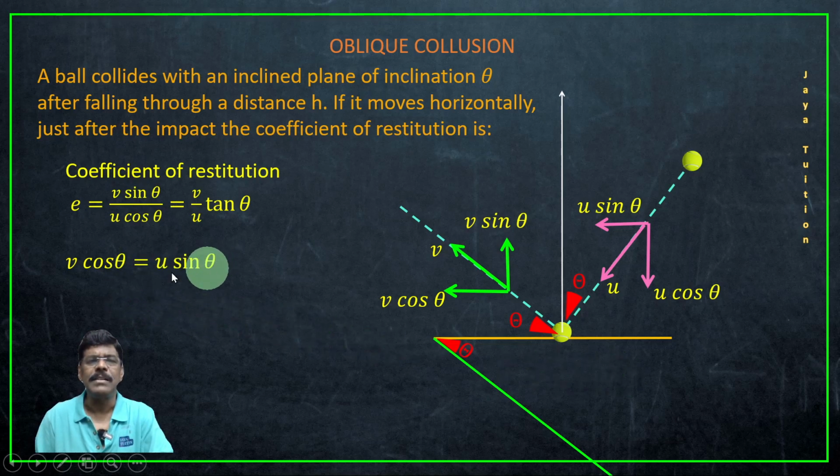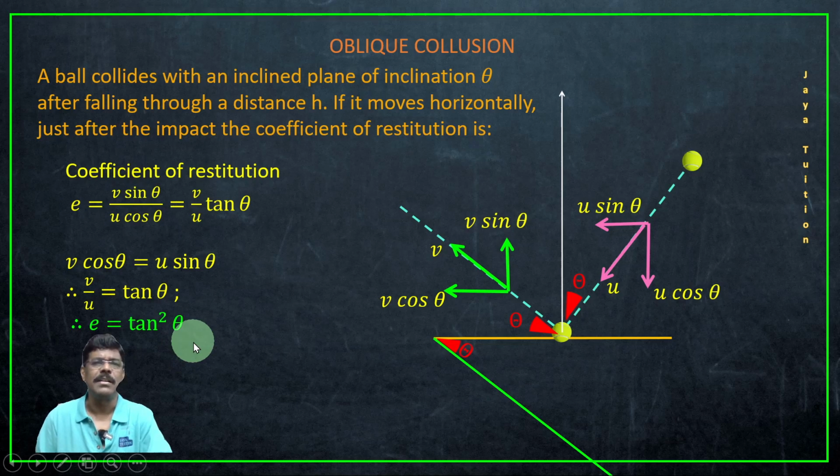If you divide, we get V by U equal to tan theta. So this value of V by U comes out to be tan theta. We substitute over here, we get the value of e to be equal to tan square theta. Therefore, the answer for this question is coefficient of restitution e equal to tan square theta.